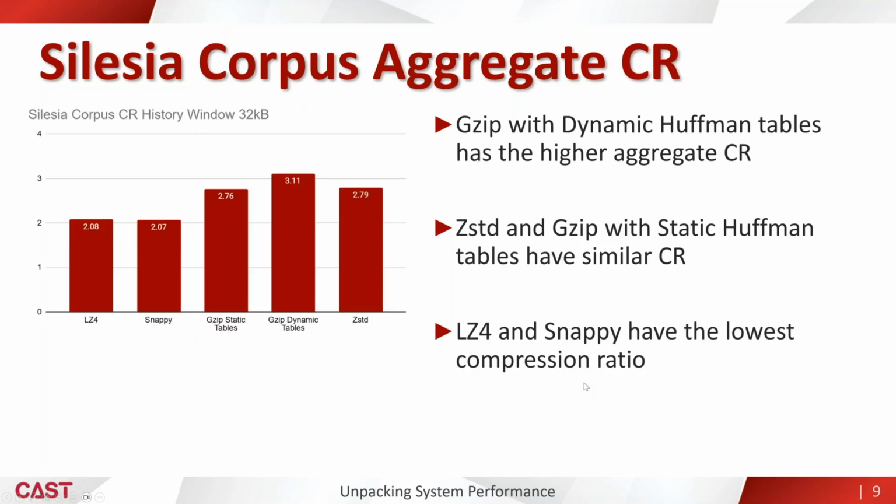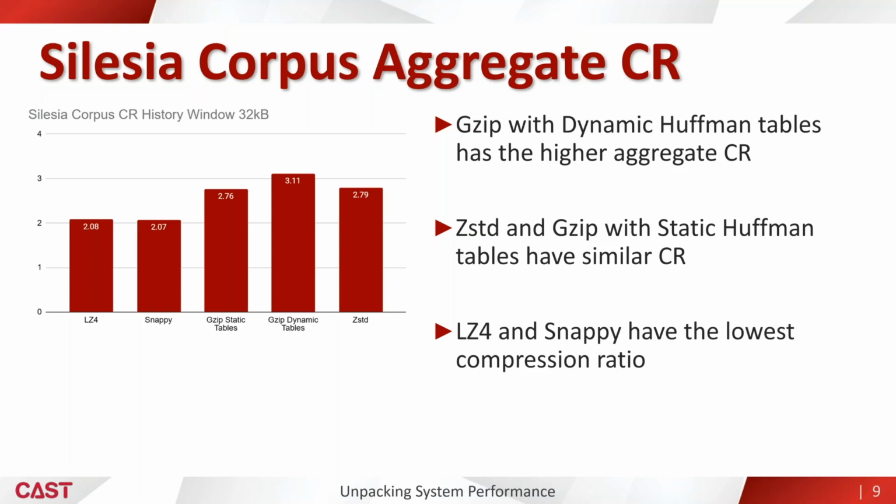So here's what we did to start with. We used software implementations of these 4 or 5 compression algorithms we discussed before, LZ4, Snappy, GZIP with its 2 different flavors, and Zstd, to calculate the aggregate compression ratio of the Silesia corpus files.